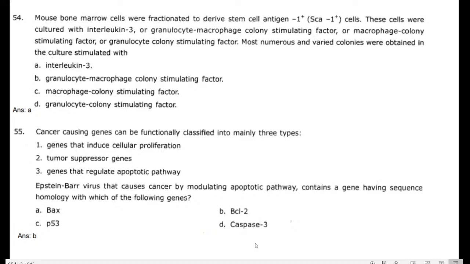Caspase 3 is also important, but in this question they asked about the virus modulating the pathway. Caspase 3 is the final molecule, and at that step we can't modulate the pathway. We get the modulation of the pathway because of the BCL2 gene.